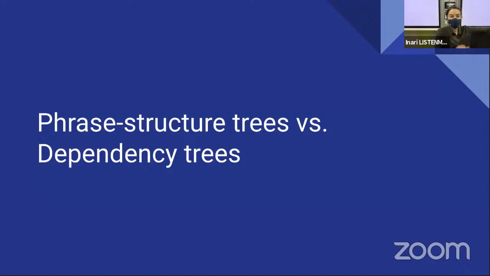Again, why these two? No, these are not the only two kinds of trees in the world, but when we look at different grammar formalisms, a lot of them just have some kind of twist on these basic ways of building trees, phrase structure or dependency.